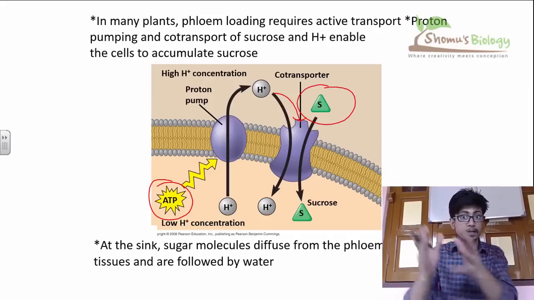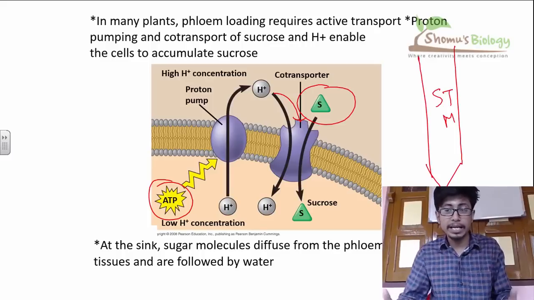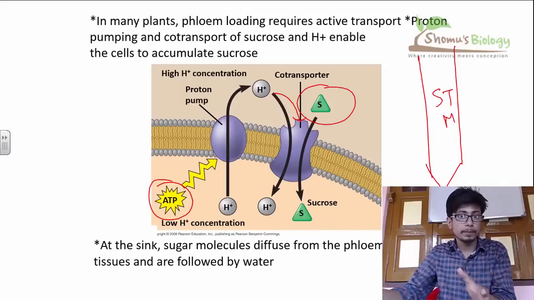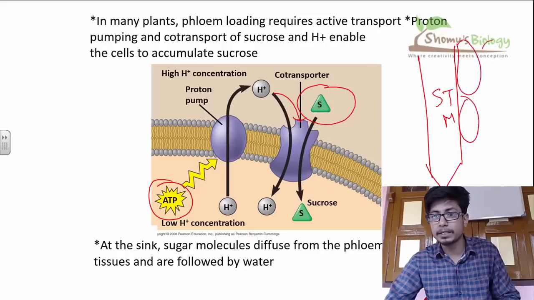Because the STM is created by the phloem, and until the sucrose is brought to the STM, the sucrose cannot be distributed, because this is the actual system to distribute food throughout the plant body. We have produced all those foods in the parenchymal cells, which are in direct contact with the companion cells.